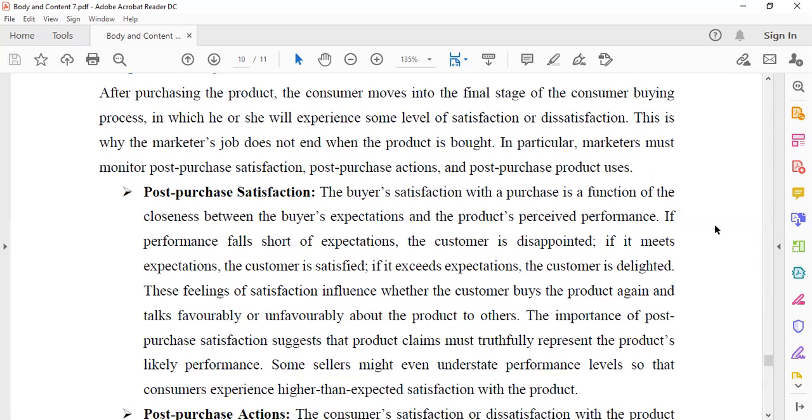That's when performance surpasses his expectation, leading to customer delight. Otherwise, the customer will be disappointed, will be dissatisfied. So these are the stages in the consumer buying decision process.